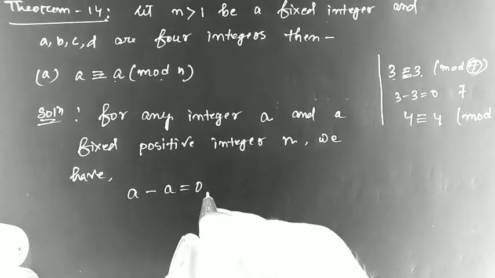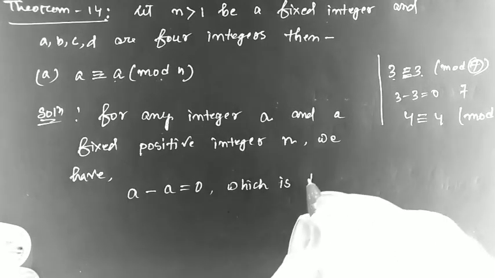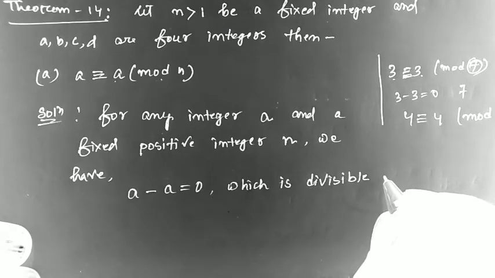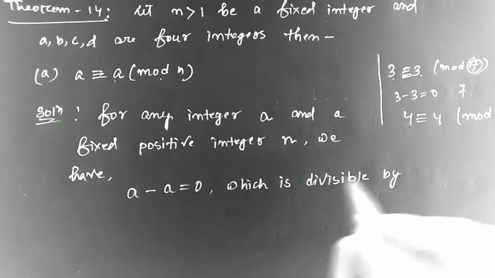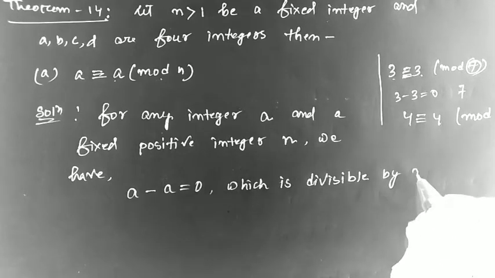A minus a is equal to 0, which is divisible by any number. Since 0 is divisible by any number, 0 will also be divisible by n, no?